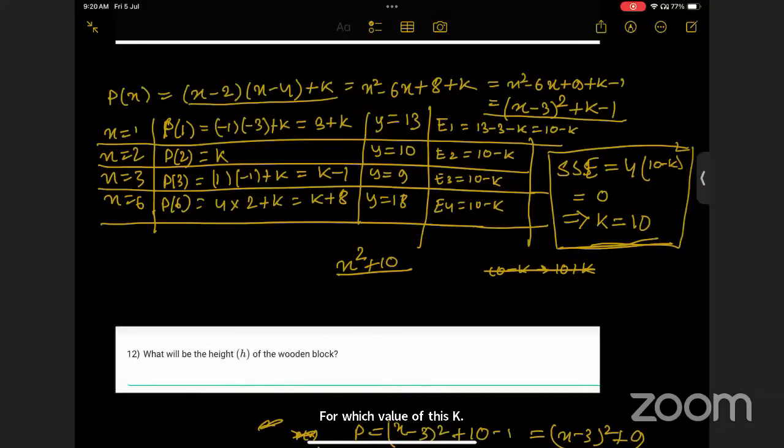So what is the minimum error it can be? 0, right? Error cannot be negative, so the minimum possible error is 0. So whenever such a question contains a constant, we always assume the SSC to be 0 only, so we can find the constant. Yes, then the error will be 0 for the best fitting.